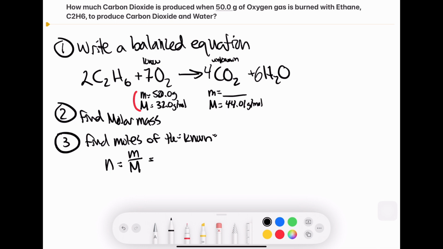And so we know both those things about, in this case, the O2. And so we take our 50 grams, divide by 32 grams per mole, and I get a nice number, 1.56 moles of oxygen.